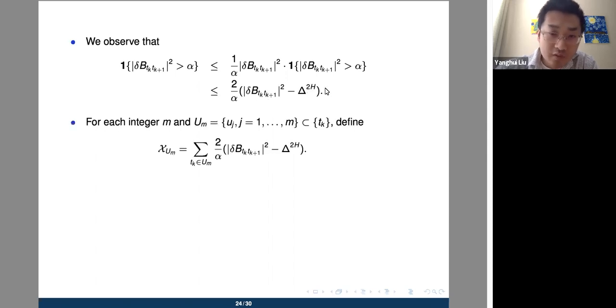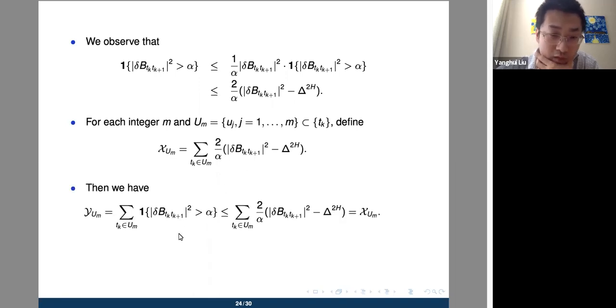Now we have used Um, which is a subset of the partition, and we can also introduce X. This is a summation over t_k from Um. Now we use the bound of the indicator function to define X, and then we can bound Y by X. This is the definition for Y, and this is the definition for X. This inequality is true because of this inequality right here.